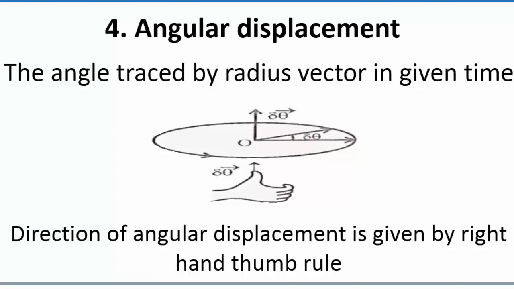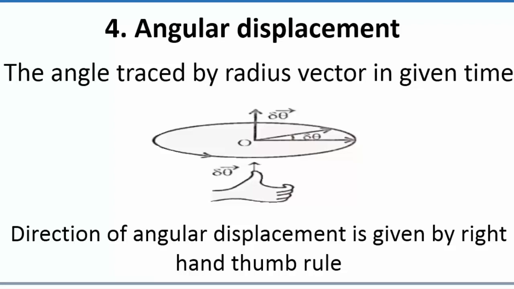You need to understand that small angular displacement delta theta is a vector, but the large angular displacement theta is not a vector since it does not obey law of vector addition.